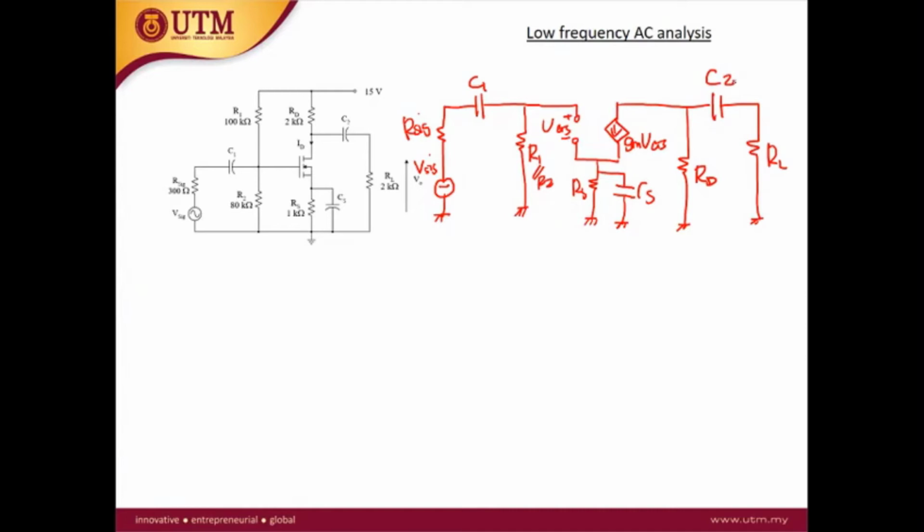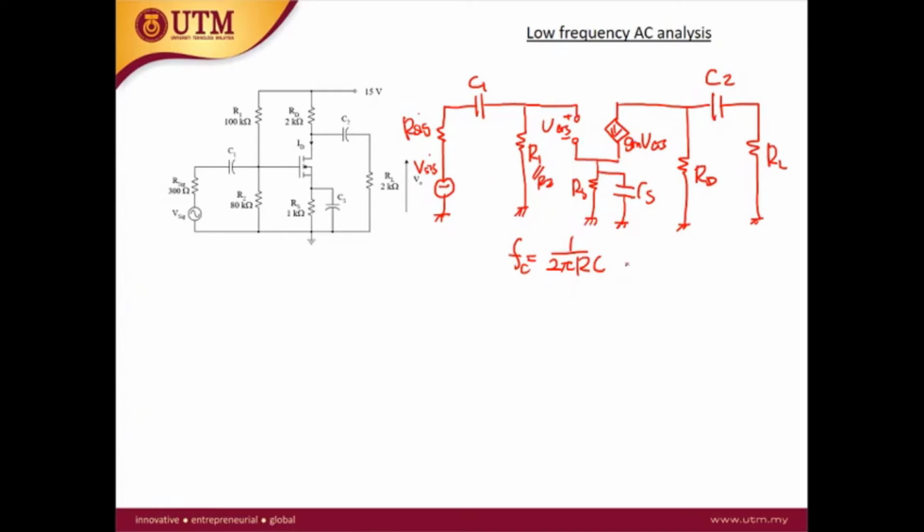For the low frequency, we will use the common equation: FC equal to 1 over 2 pi RC. We will do one by one each capacitor, and we need to consider the impedance at each capacitor point.